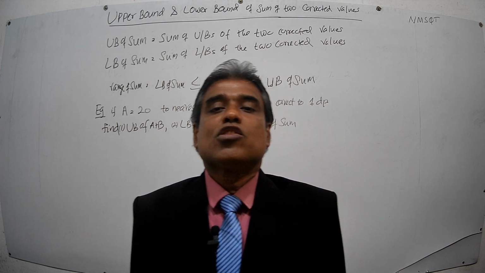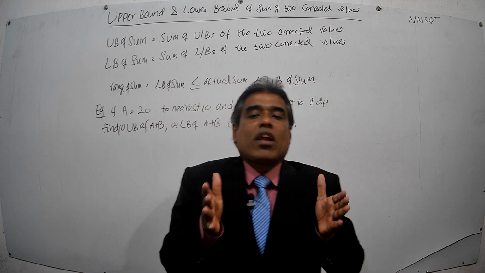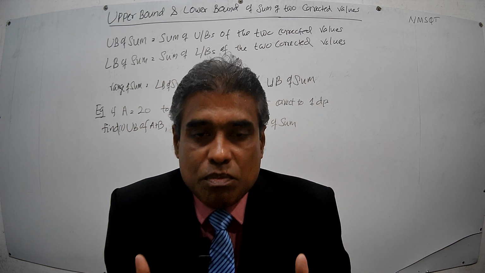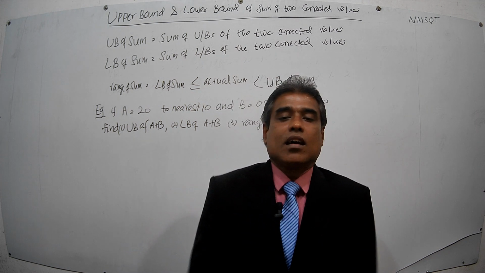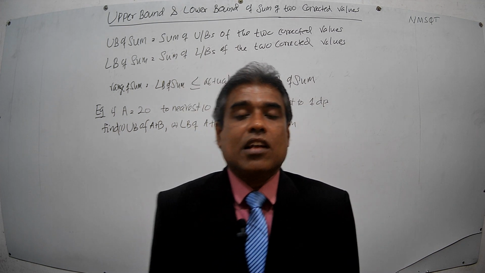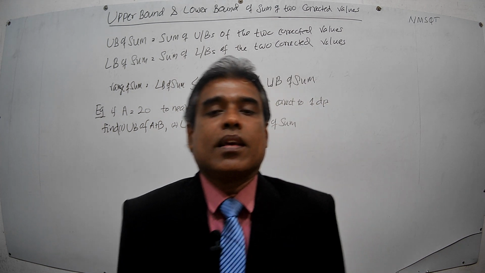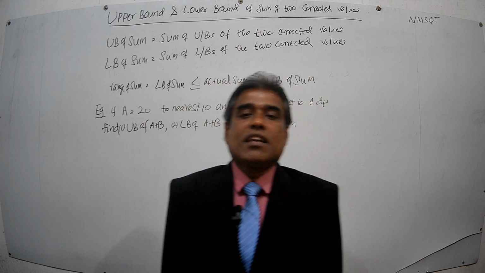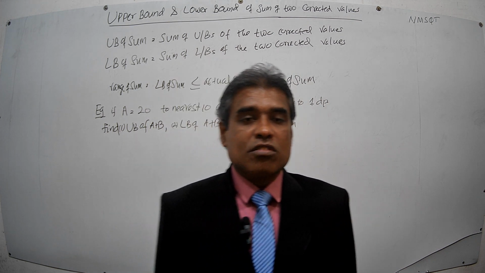Today we are going to see how the upper bound and lower bound of the sum of two corrected values is found, and how the range of that sum can be written. These are the two points that we are learning today. Let's go straight to the video.